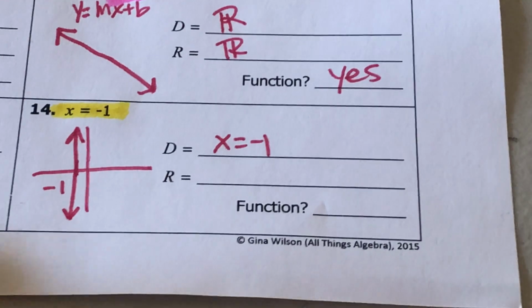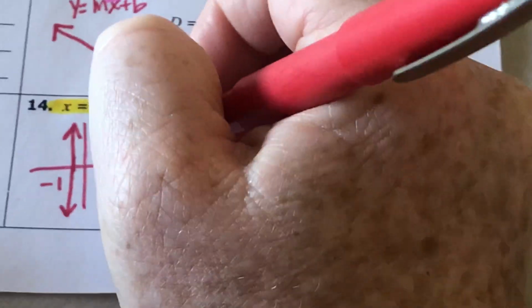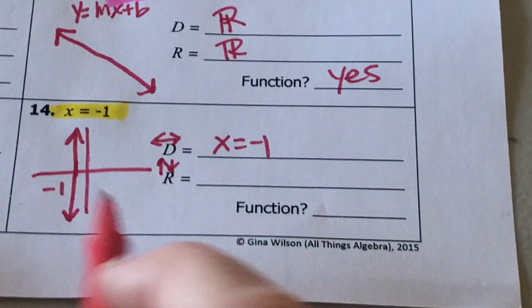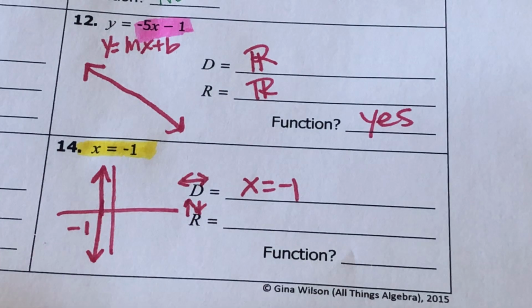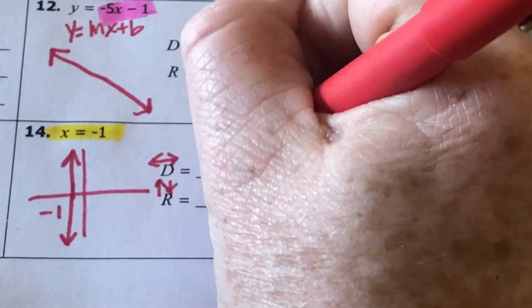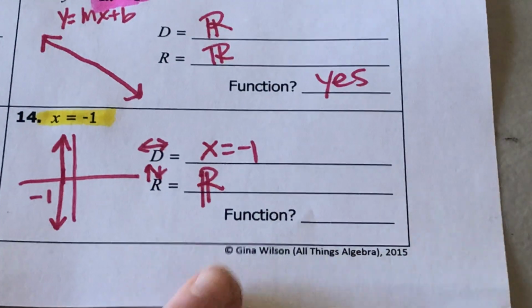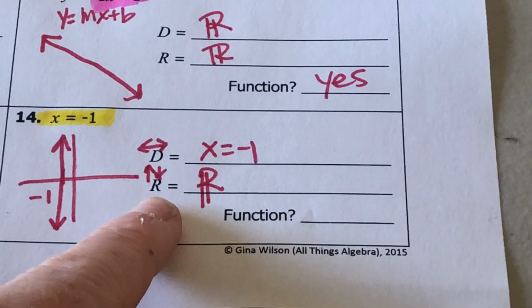Okay. Range we care about all the way up, all the way down. Okay, domain we care about left and right. Range, if I keep going, this is going all the way up and then all the way down as you expand the graph, because those arrows mean it goes on forever. That's all real numbers for the range.